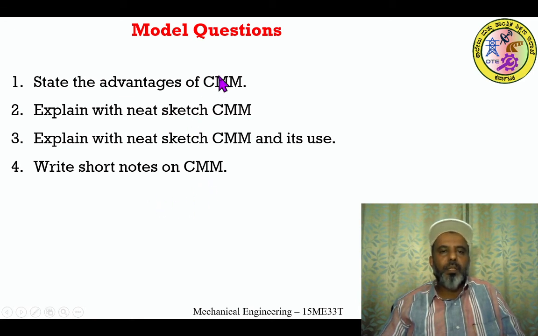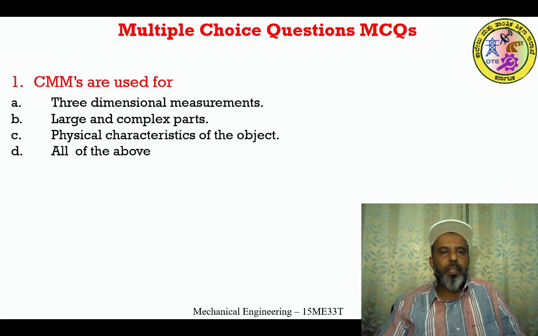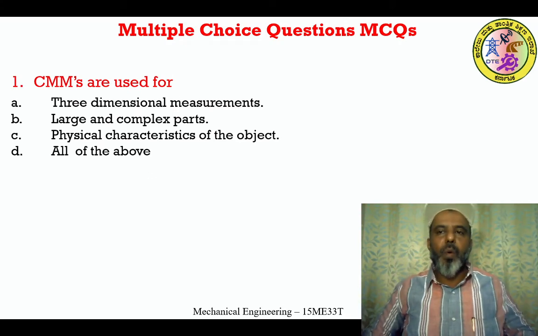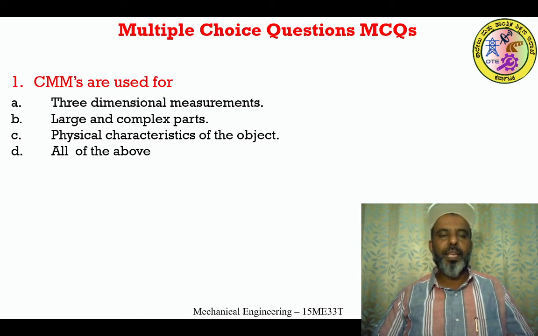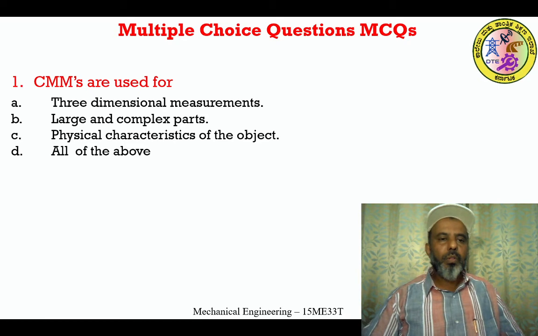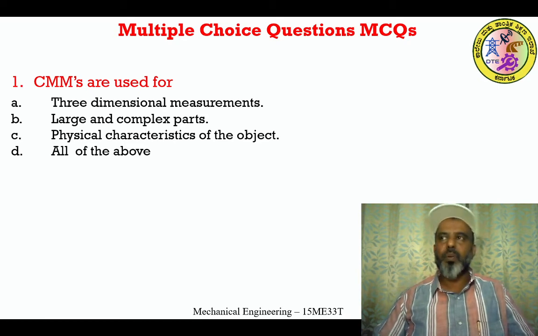I hope the session, whatever discussed, is covered for the CMM machine from the exam point of view. Now, I just want to check whatever knowledge you have gained from this section. The first thing you should remember: the CMMs are generally employed for what?